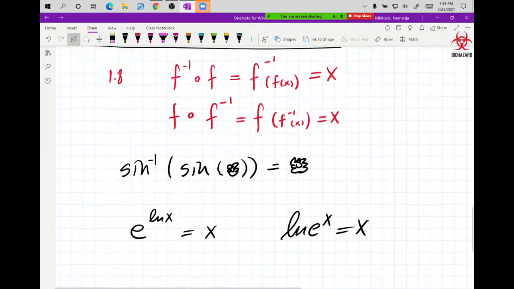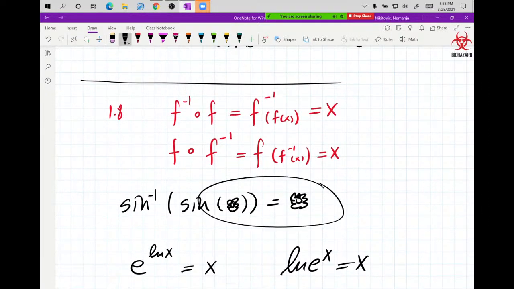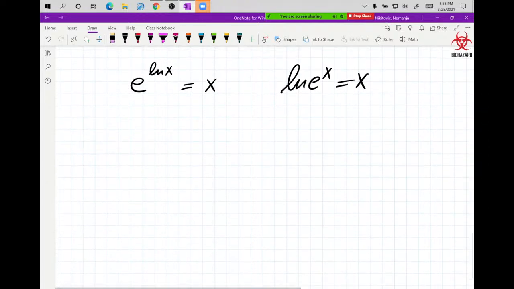So as you can see by looking at this ridiculous flower example over here, if you are able to match these two, then you are able to solve the problem. Now, in some cases you will be able to cancel and you don't have to compute. In some cases, you have to compute.